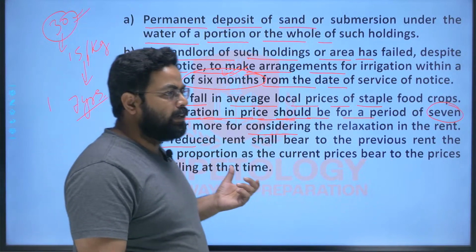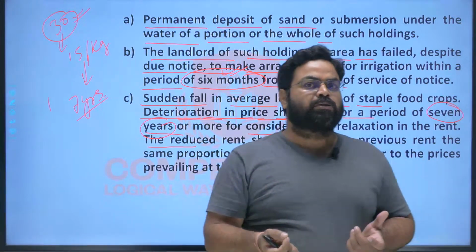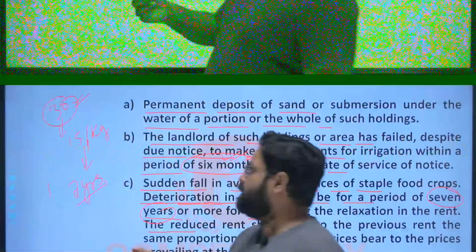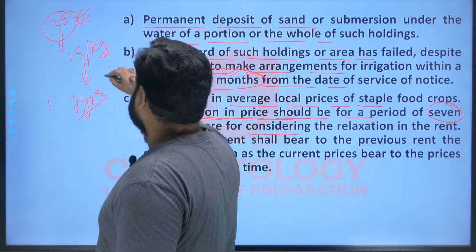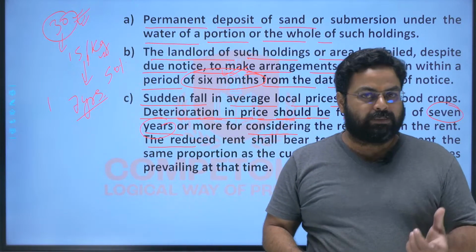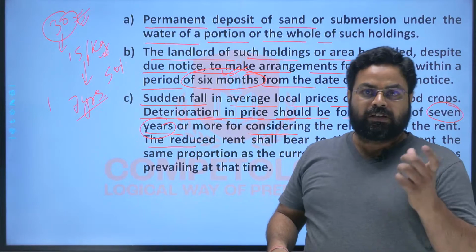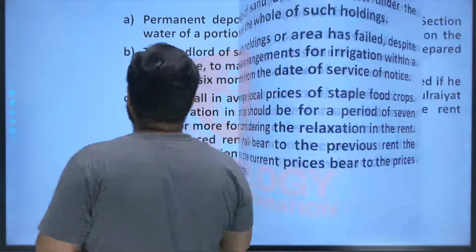But here again, the rent will be reduced in proportion to the reduction in price. Here the price has reduced by 50%, so the land rent will again be reduced by 50%, right? So this is again a provision.